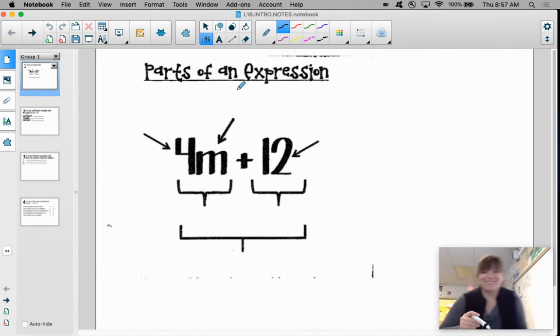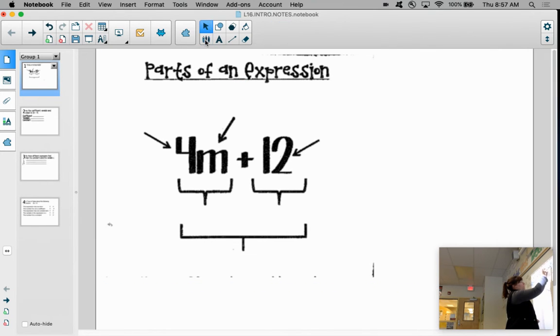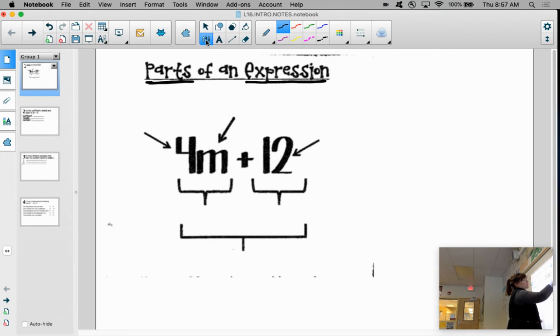You'll notice that these notes start off talking about different parts of an expression. In lesson 15, we learned that expressions don't have equal signs and they involve numbers and an operation. The only difference now is that we see this letter.